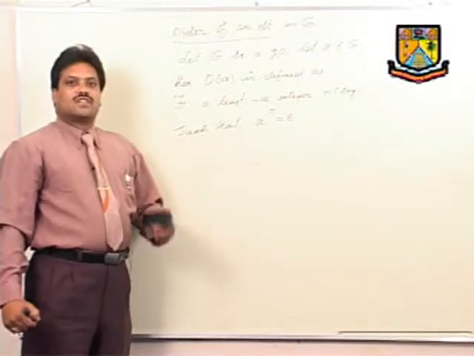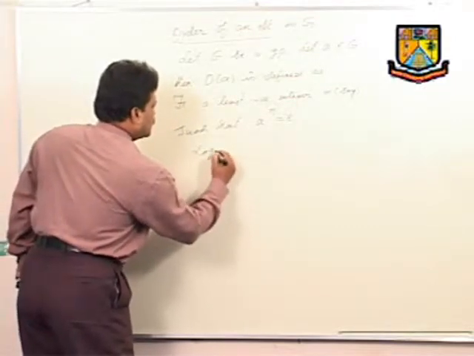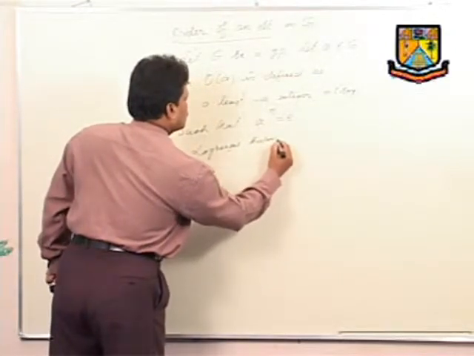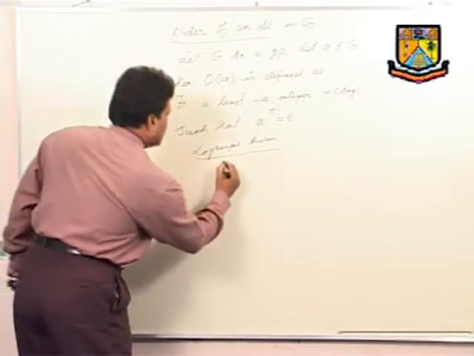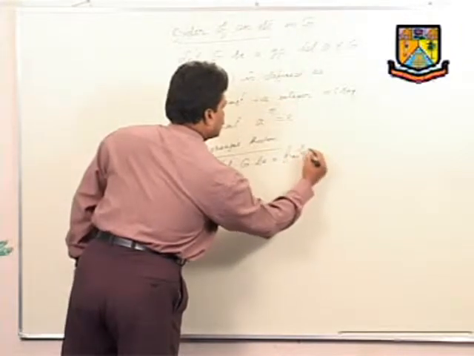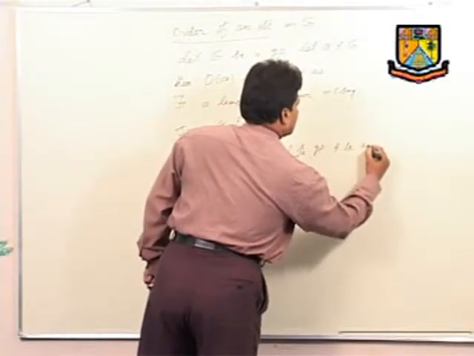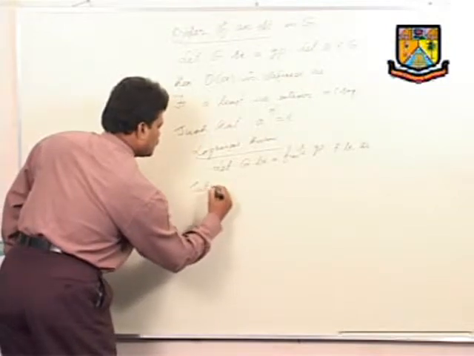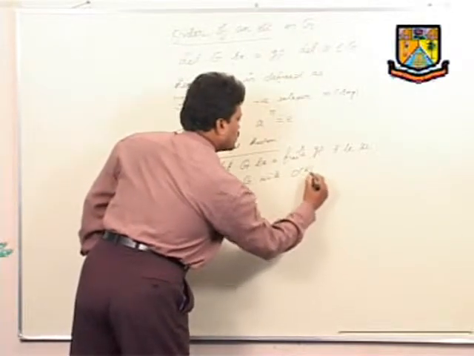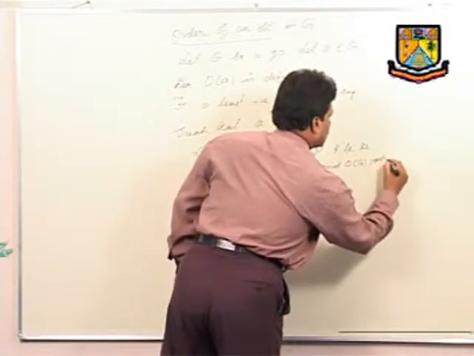Now we define the statement of Lagrange's theorem. Lagrange's theorem: Let G be a finite group, H be a subgroup of G, with order of H and order of G respectively.